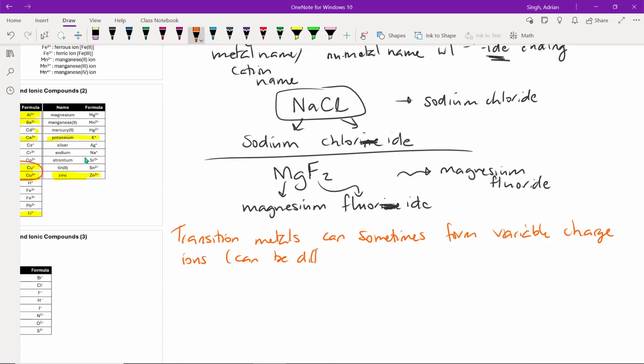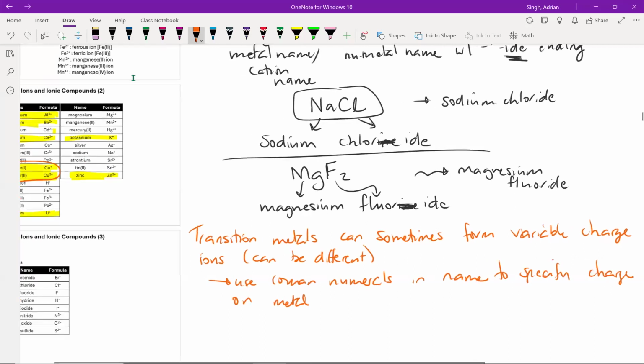So we need to use the Roman numerals in the name to specify the charge on that metal. Okay, so for example, we know sodium, always in group 1, is going to have a charge of +1. We don't need to specify the charge. Similarly, magnesium in group 2 will always be +2.